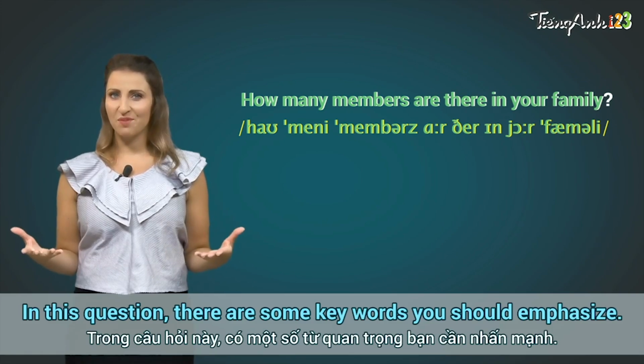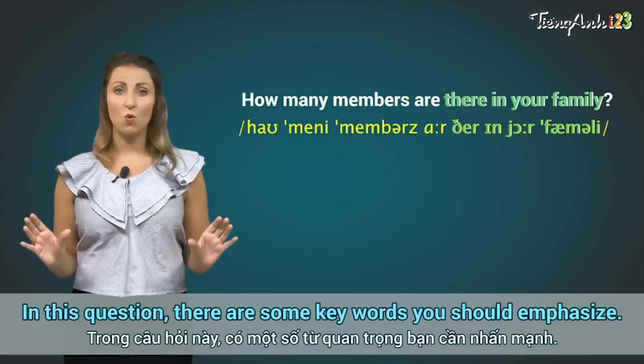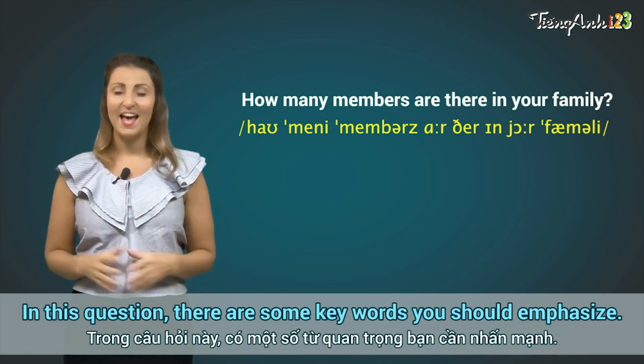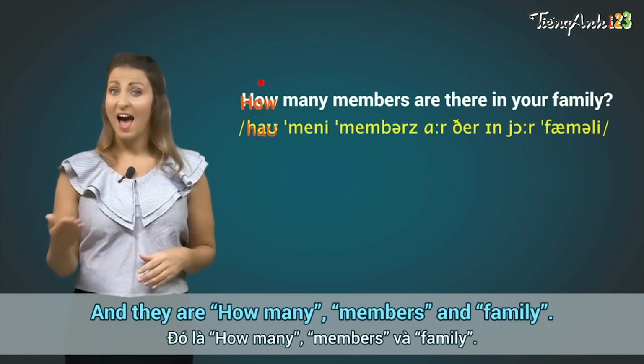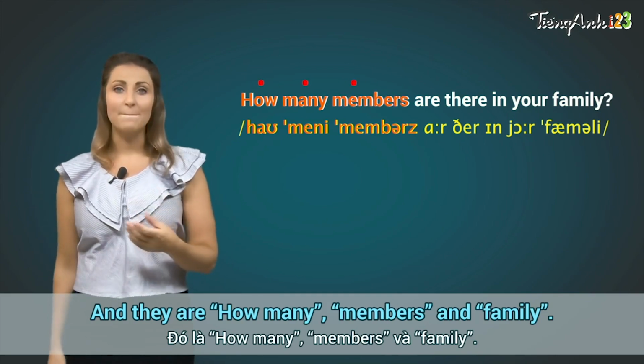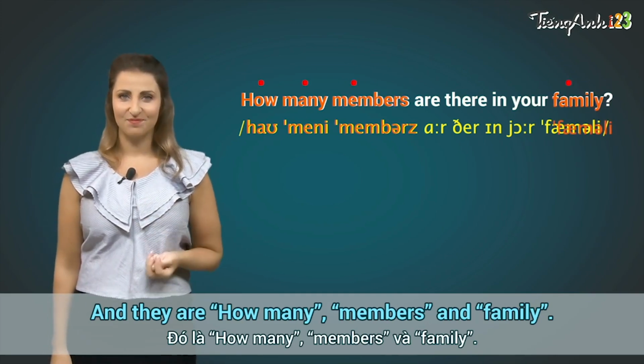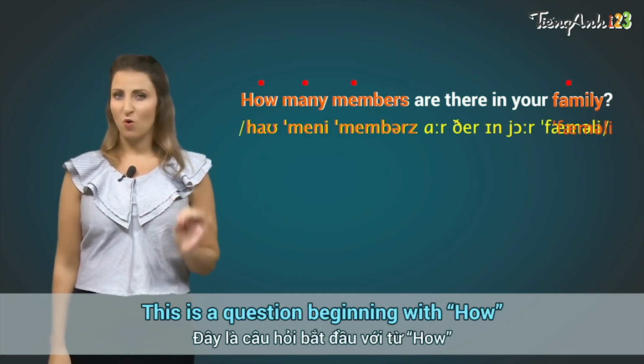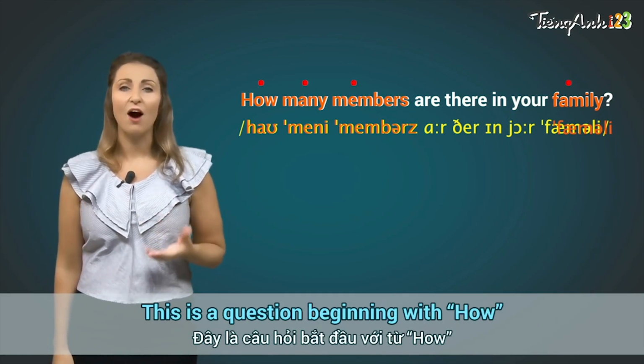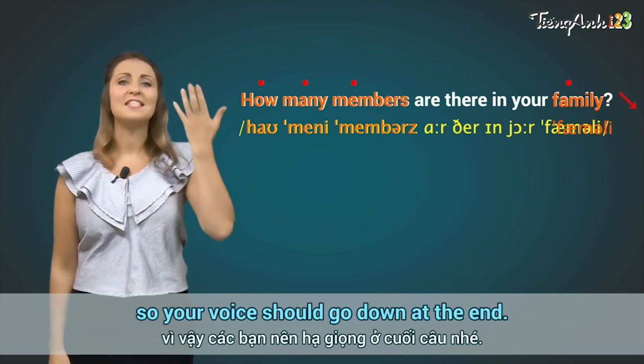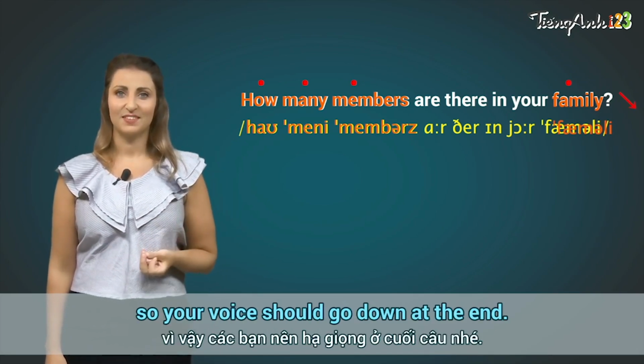In this question, there are some key words you should emphasize, and they are how many, members, and family. This is a question beginning with how, so your voice should go down at the end.